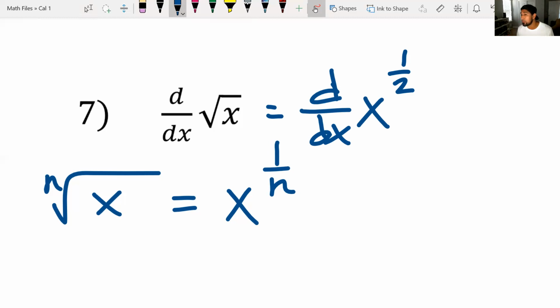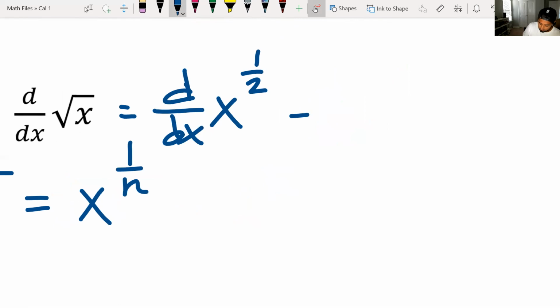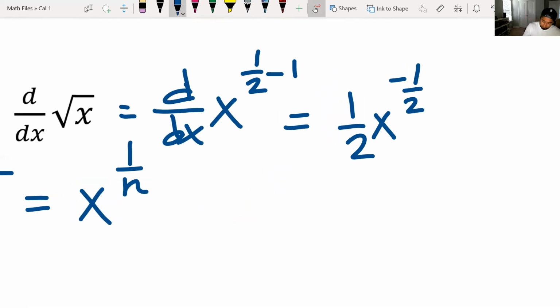We take the derivative using power rule, and we will get 1/2. The 1/2 comes down. You subtract 1 from the original power, and you'll get 1/2 x to the 1/2 minus 1, to the negative 1/2. Okay, we must rewrite though. We don't want to leave it like that.